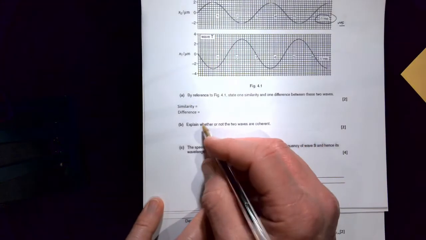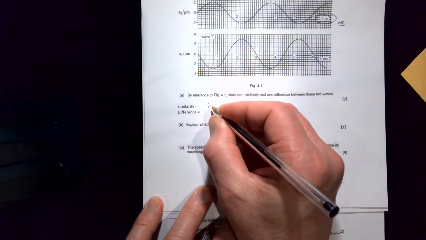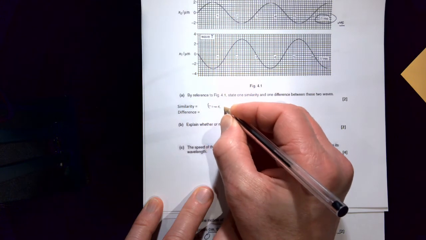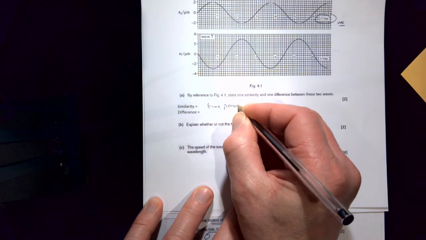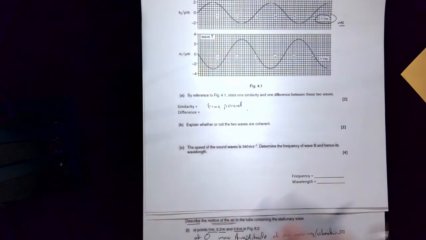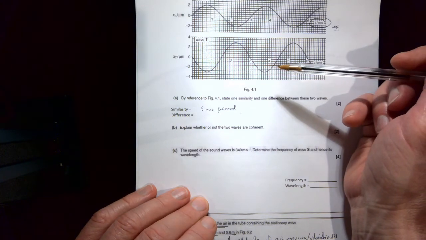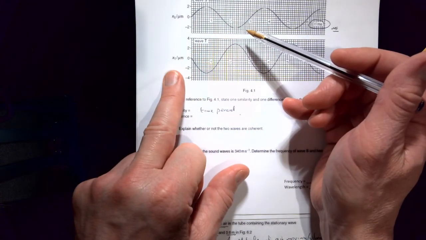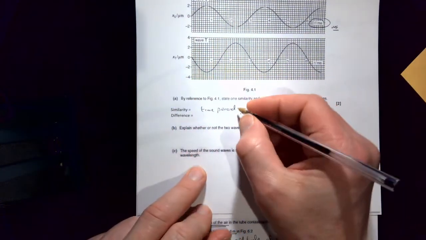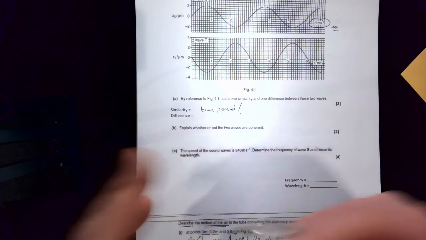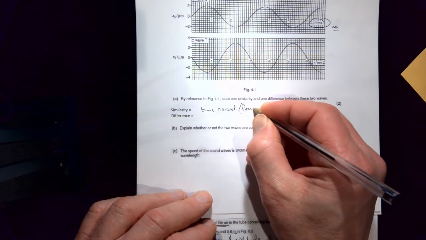Okay, so similarity, same time period. Okay, some people put wavelength. It doesn't tell you about speed, so you can't really tell. You can't see speed from this, but you could have time period, which of course 1 over time period gives you frequency, so that works.